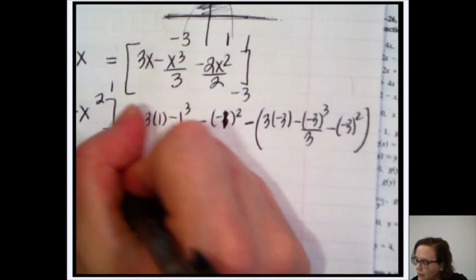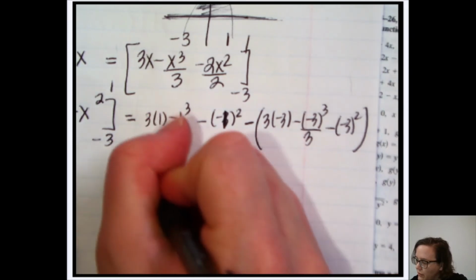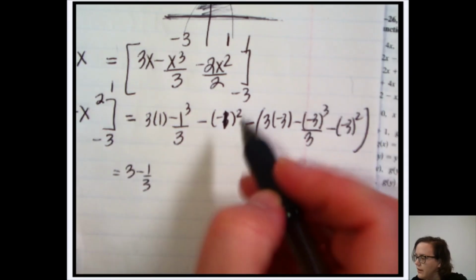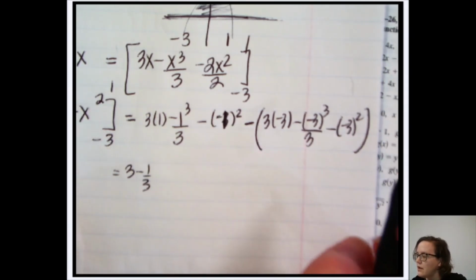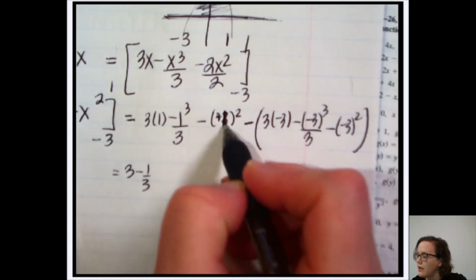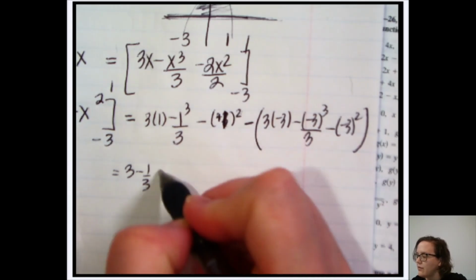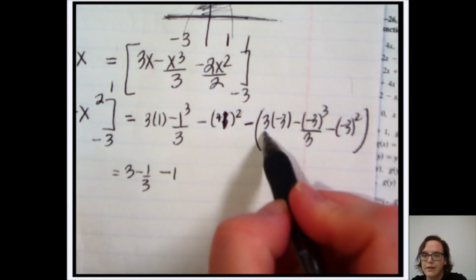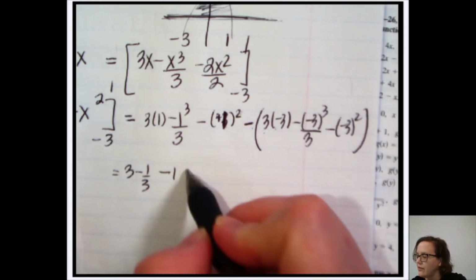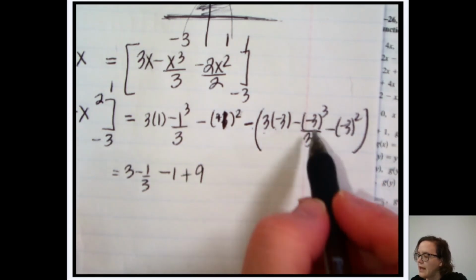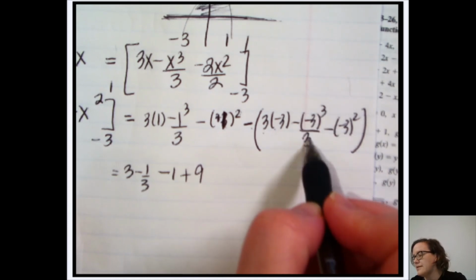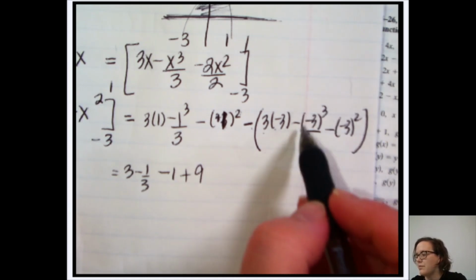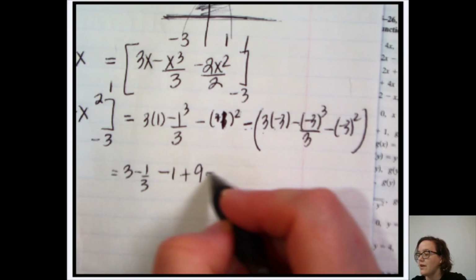So then we get 3 minus 1/3. Let's see, -1, that's a positive 1. Okay. 1 squared is 1 with a minus, we have a -1. 3 times -3 is -9, and we have a negative out here, so that's +9. -27 over 3 is -9, but that makes it a +9, but that makes it a -9.